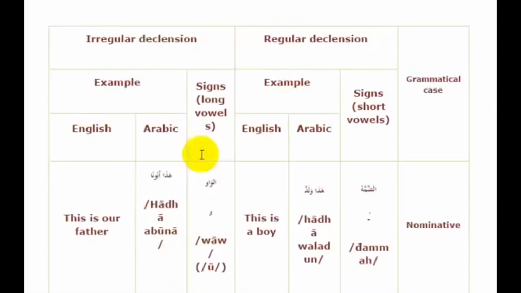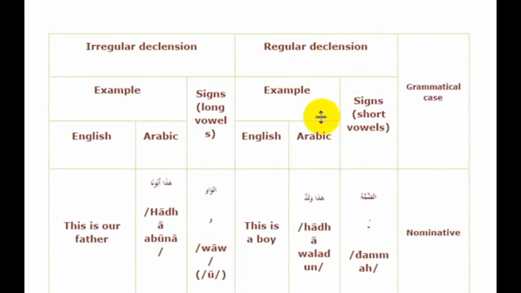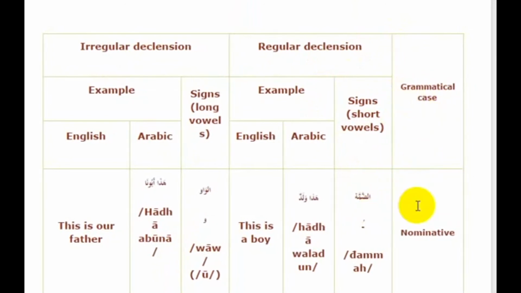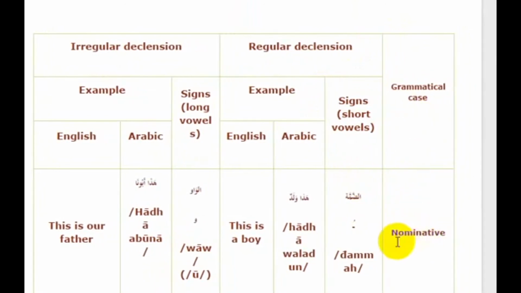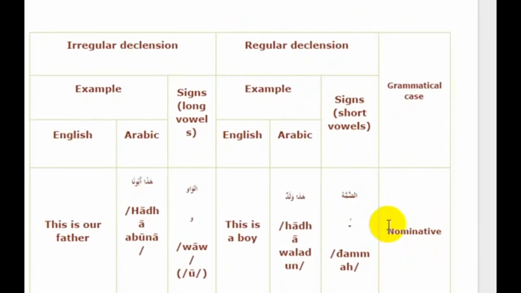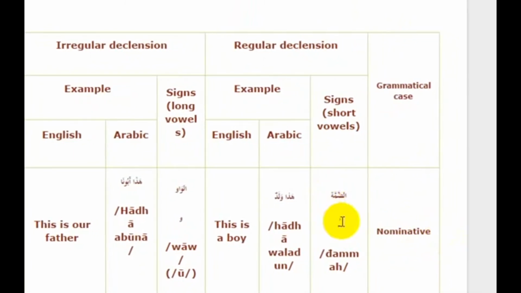Let's see here. This is a regular declension with signs of short vowels. Short vowels mean ضمة فتحة كسرة. And this is a grammatical case. Nominative الرافع, nominative here with ضمة. هذا ولد.